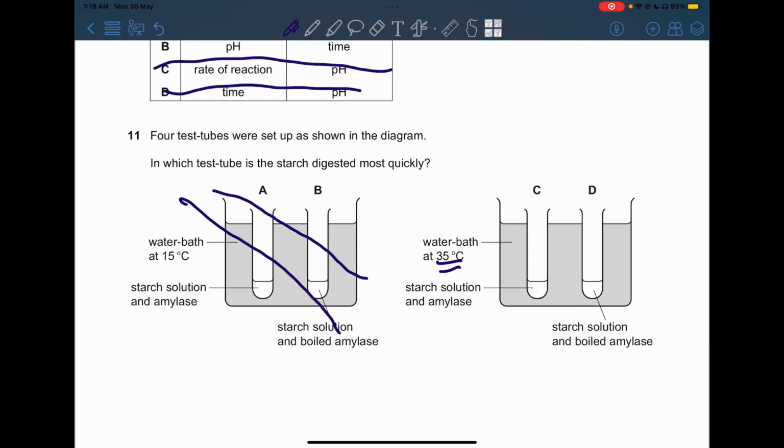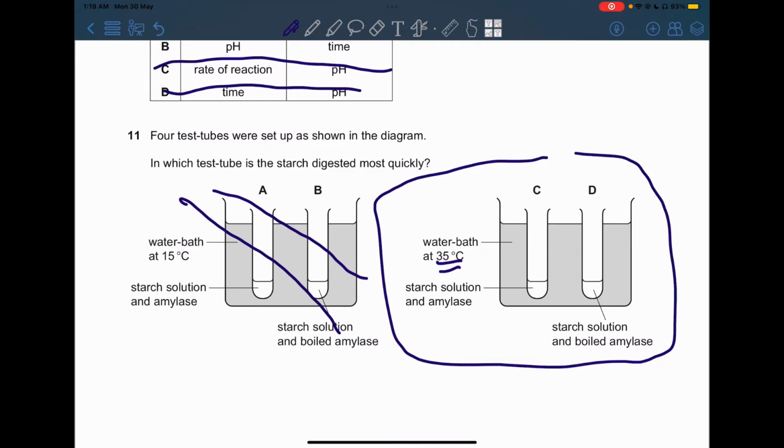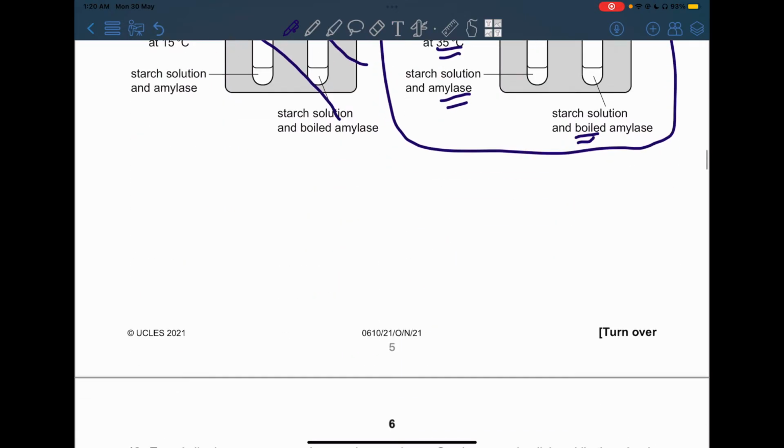We're going to be choosing between C and D. Now, are we going to be choosing the boiled amylase, or the actual amylase that's not boiled? Of course, we're going to be choosing C because this one is boiled, which means it's denatured and it doesn't work as efficiently. So our answer for 11 will be C.